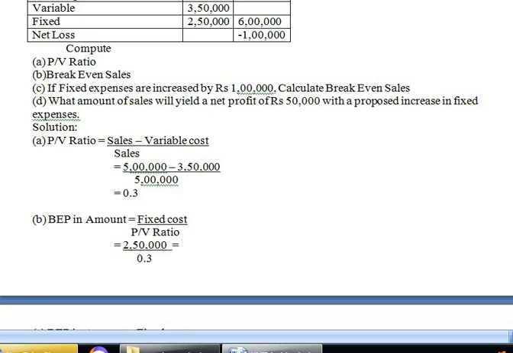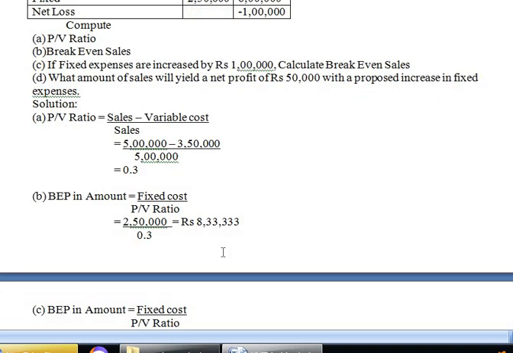That is equal to 8,33,333 rupees. Hope everybody is understanding this. Only thing is you will have to remember the formulas. If you know the formulas, you can calculate it very easily.